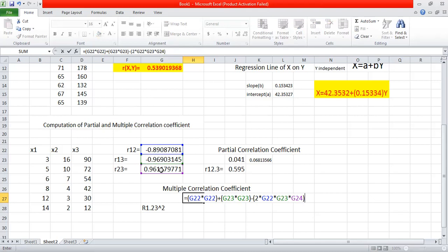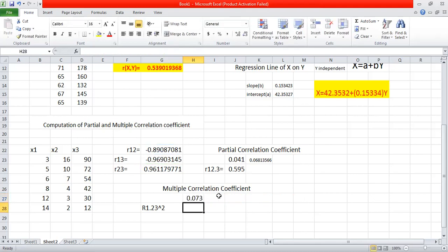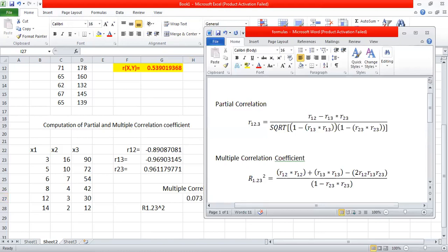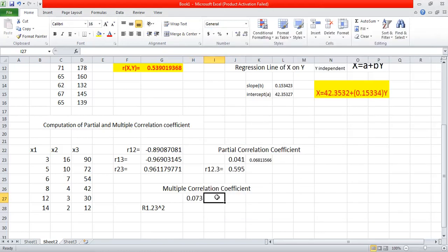In this way we get the numerator value. Now coming to the denominator, what do we have? 1 minus R23 square. The denominator value equals 1 minus R23 square, that is R23 into R23. So we got the denominator also.